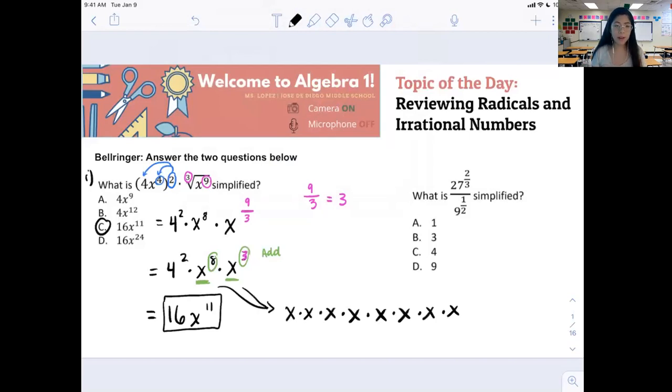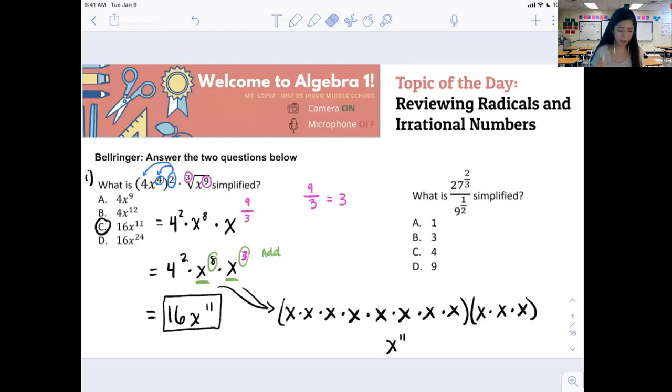So I'm doing x to the power of 8 times x to the power of 3. So 1, 2, 3. So how many x's am I multiplying altogether? 11. So that's why I end up with x to the power of 11. So that's just to review why we are adding those two numbers. That's how many we've got, 11 in total.